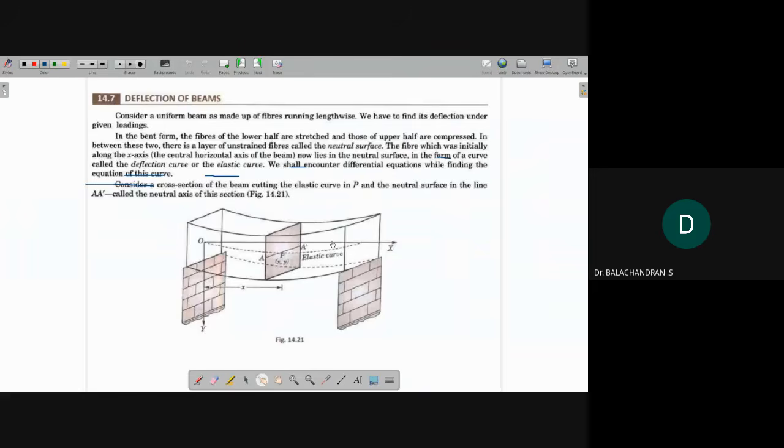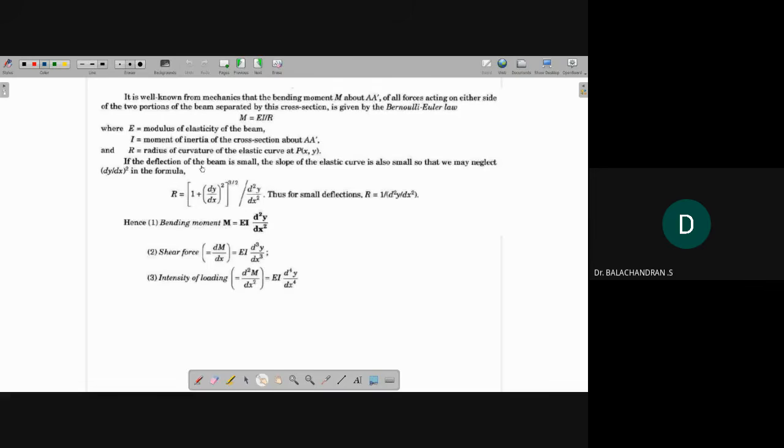So in the last class, we discussed the basic properties in deflection of beams. We discussed the Bernoulli-Euler law, that is M equal to EI by R. From this we derived bending moment M equal to EI into d square y by dx square, and then shear force and intensity of loading.